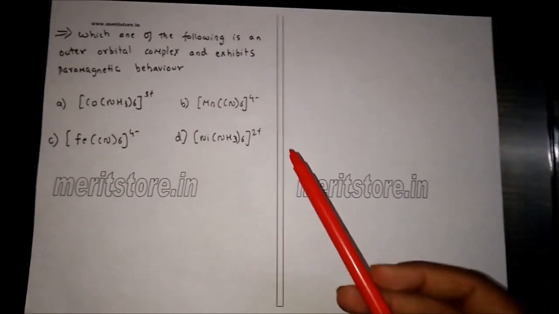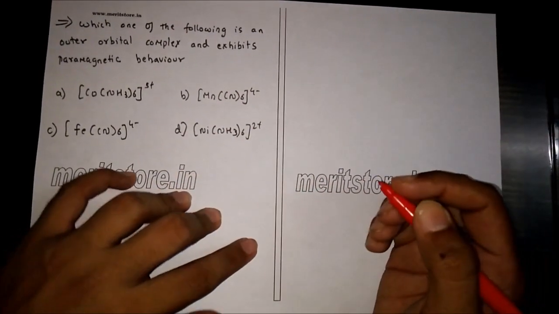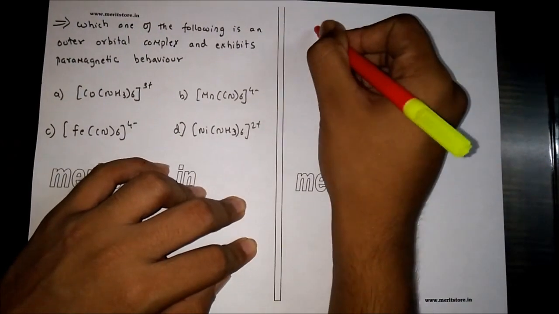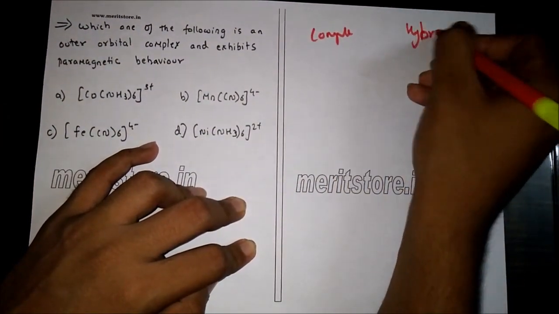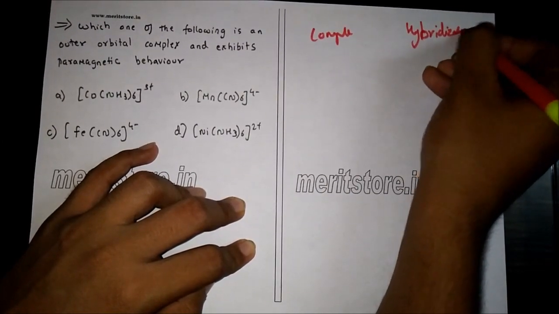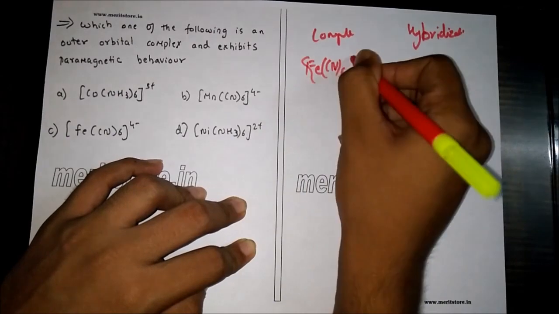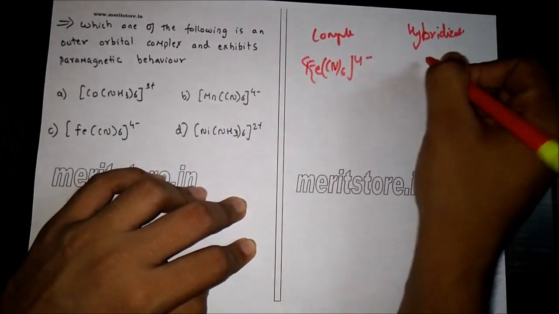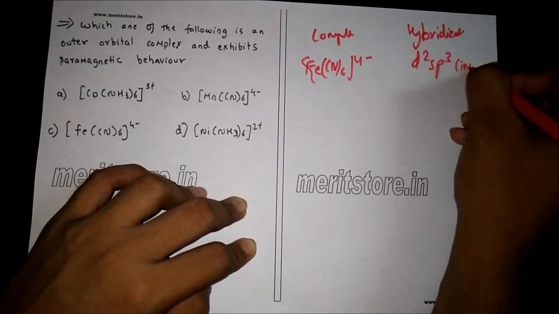The following is an outer orbital complex and exhibits paramagnetic behavior. These are the options. Now let's look at the options one by one. Now, complex and their hybridization. [Fe(CN)6]4-, which is option C, has d2sp3, which is inner hybridization.